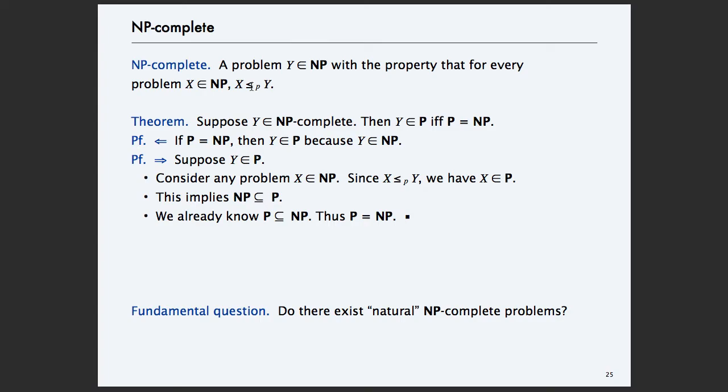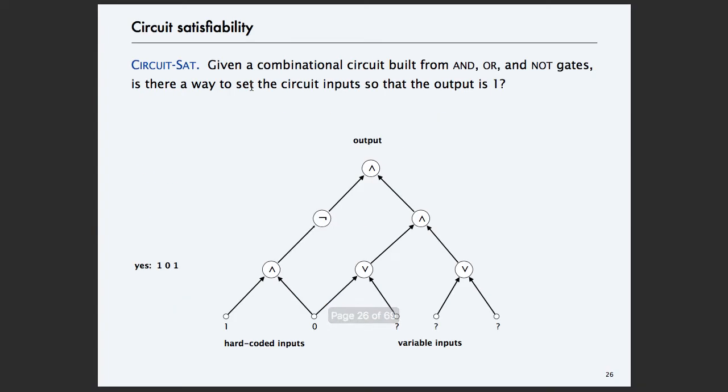Is there a natural set of NP complete problems, right? I mean, we tend to see them as this is what I want to do, and I prove that it's NP complete. But is there something in a mathematical, in a fundamental sense, that puts them together other than somebody wanted to solve it, right?